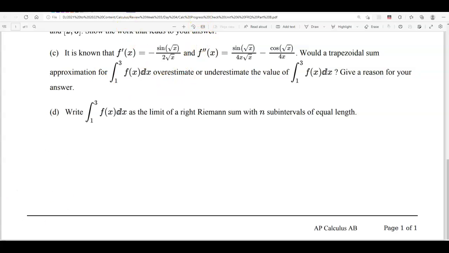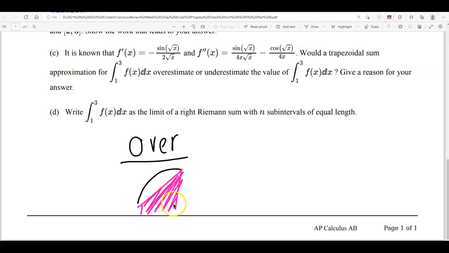Well, trapezoidal estimates are under anytime the function is concave down, because then whenever you draw your trapezoid under the curve, the trapezoid is less than the curve. It's underneath of it. Whereas if you have a concave up function, then whenever you do a trapezoidal estimation, the trapezoid goes higher than the function, so it's an overestimate.